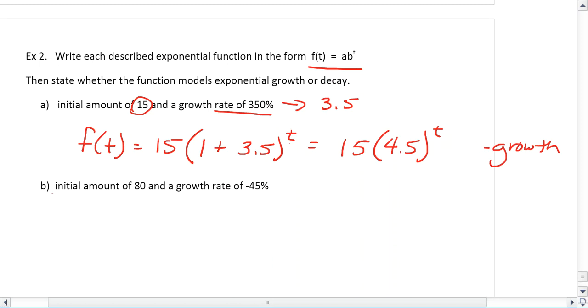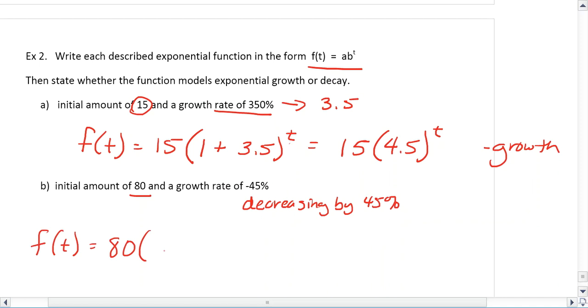Now let's look at letter B here. Let's read it. This time we have an initial amount of 80 and a growth rate of negative 45%. Another way they could have said this is that this quantity is decreasing by 45%. So again, we'll use the function notation f of t. Our start is 80.